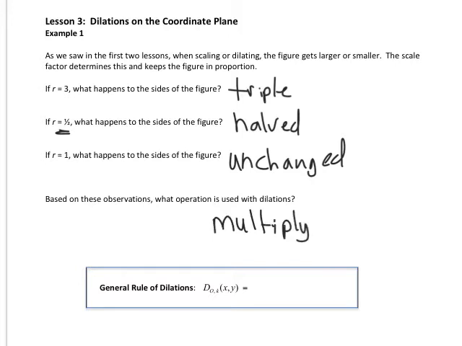When we are on the coordinate axis, capital D stands for dilation, and O stands for the origin. And then sometimes, we use an R for a scale factor, but we also can denote it with a K. So you'll see both things in class. So when my scale factor is K, that ends up as K times X and K times Y. You multiply both coordinates by that scale factor.